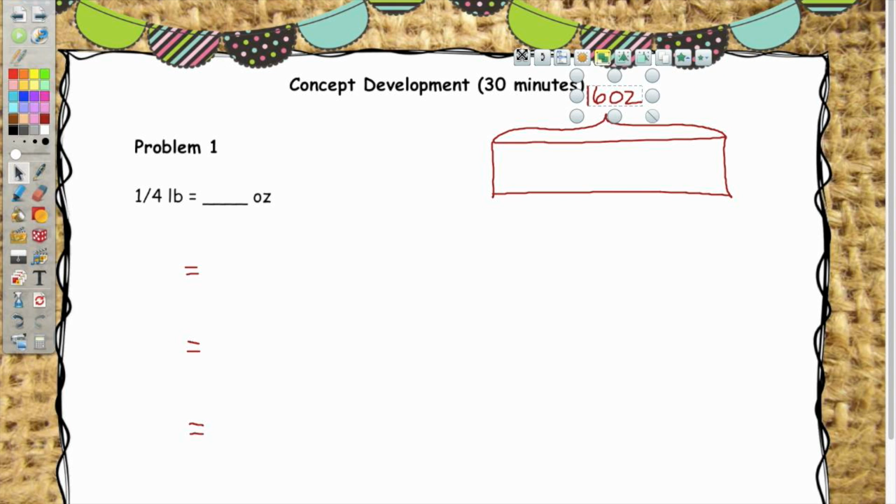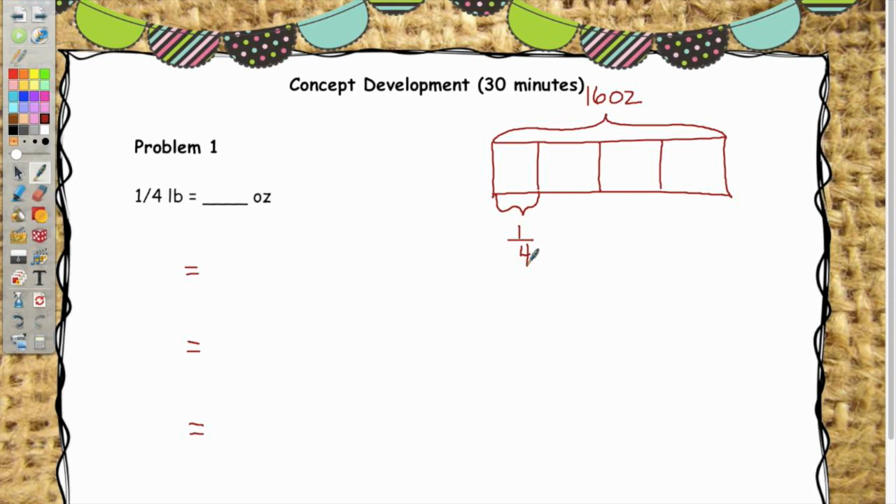So 16 ounces is my total. Do I have a denominator? What is it? That's what I divide by. What am I trying to figure out, Sadie? 1/4 of a pound.